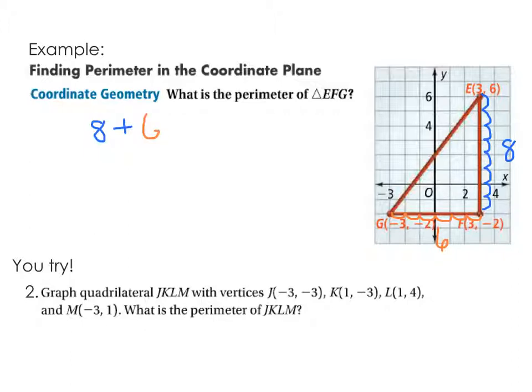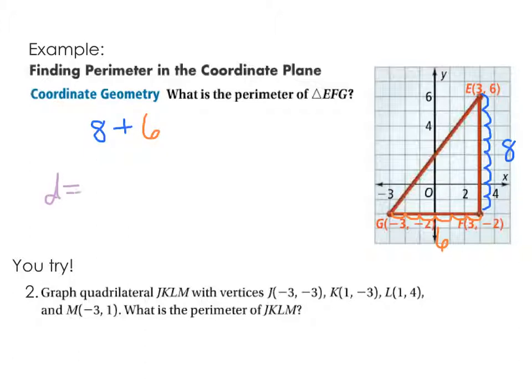So plus 6. The last side, though, is a little bit more difficult to count because it's not vertical or horizontal. So to find the length of this side, we'll have to use our distance formula. So I'm going to write out what the distance formula is just to remind us.